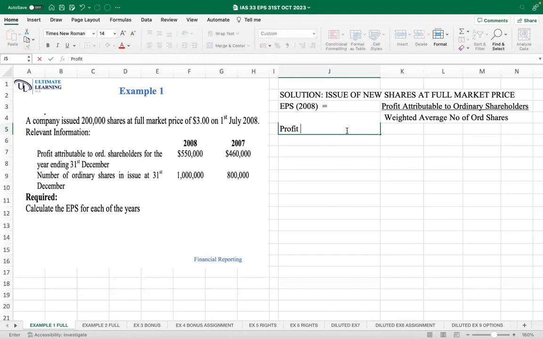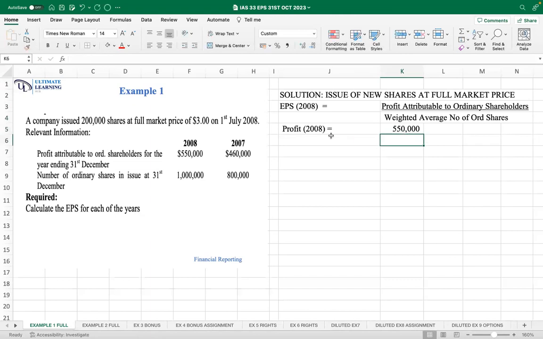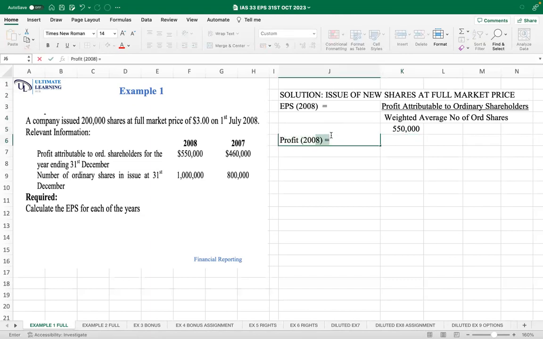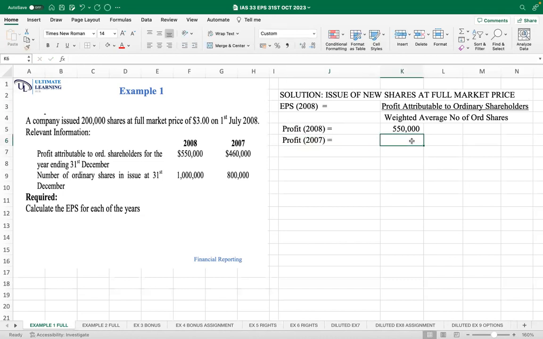What is the profit in 2008? And we saw that the profit in 2008 was 550, so our profit in 2008 is 550,000. We also need to list what is the profit in 2007. And we have found that our profit in the year 2007 is 460,000.